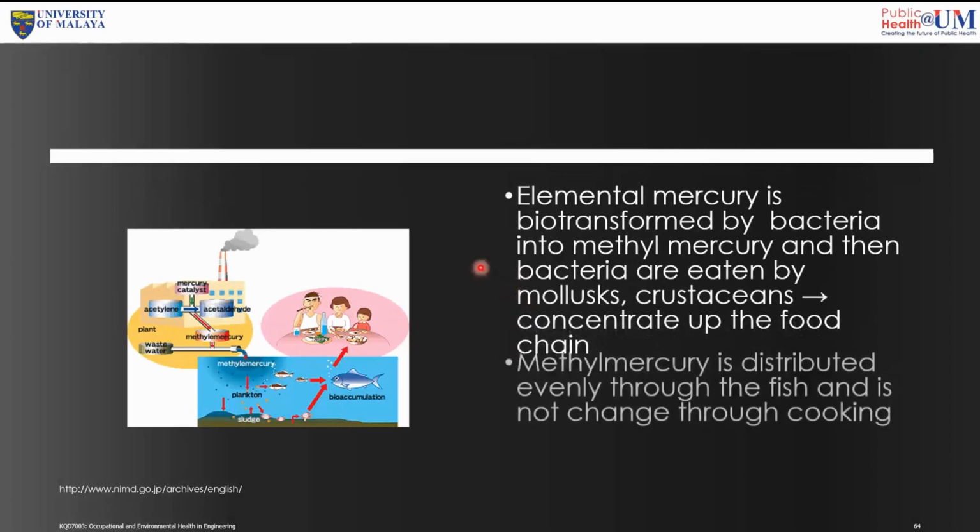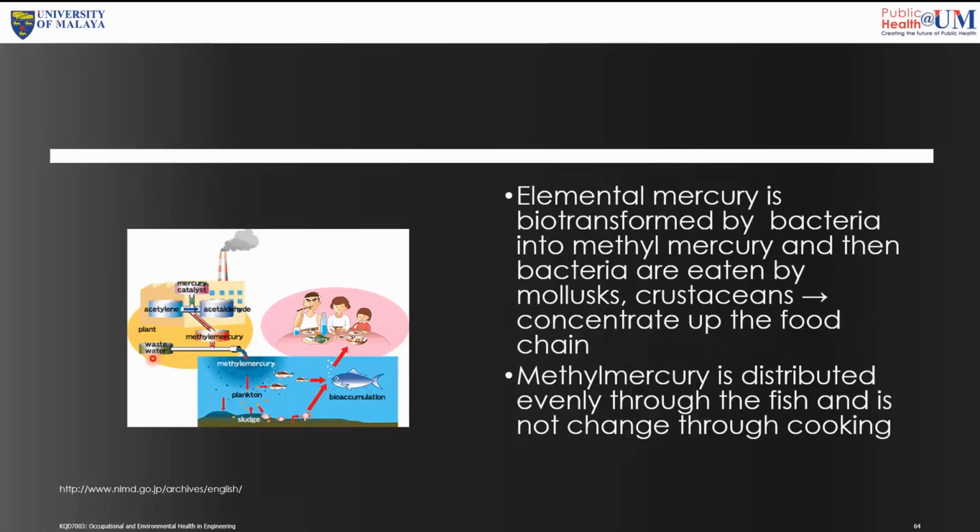So what happened is that the chemical released from the factory is basically methyl mercury, taken up by plankton, and then consumed by fish. So inorganic mercury is converted to organic mercury, and then is consumed by humans.